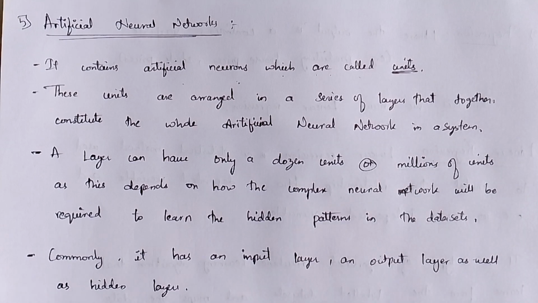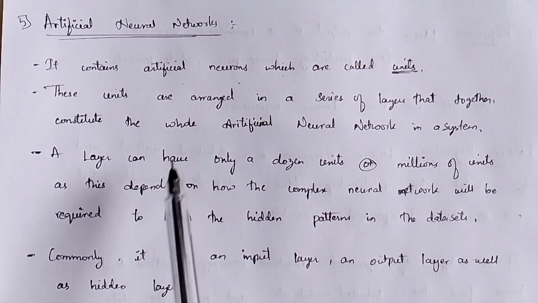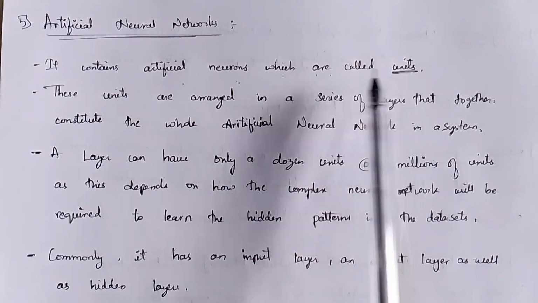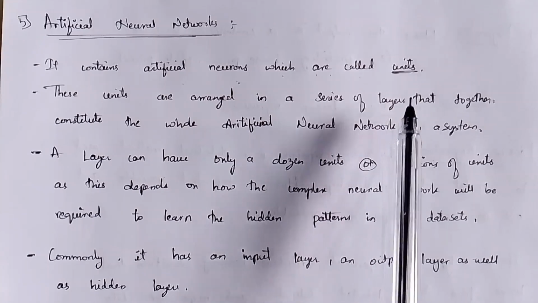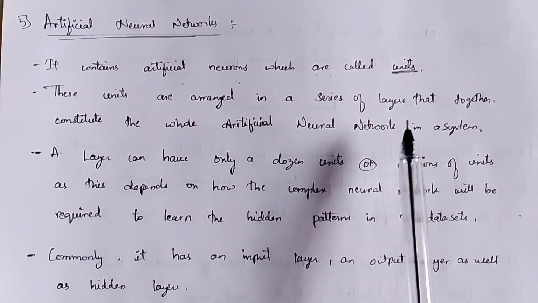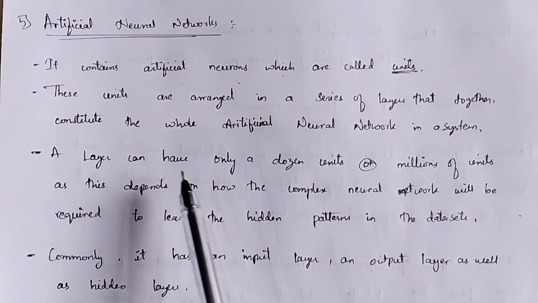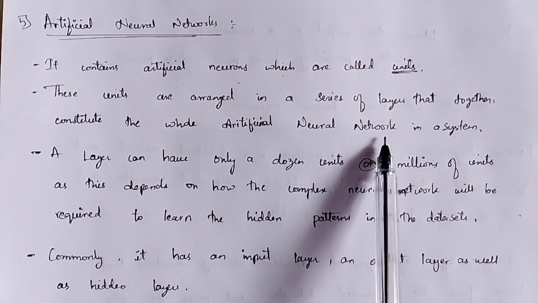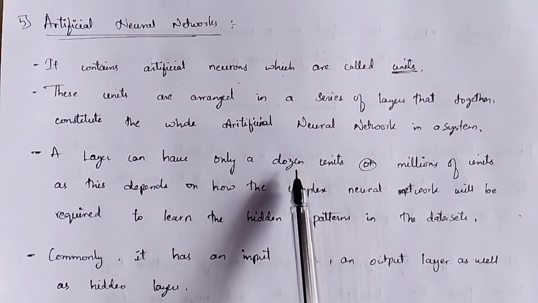As a human brain has many millions of neurons which are connected to each other, and these neurons constitute the human brain, like that, in an artificial neural network the units are connected with each other and arranged in a series of layers. This is the same as our human brain.